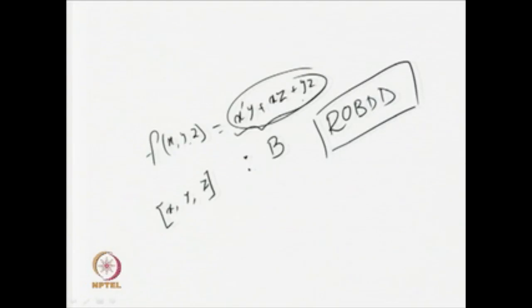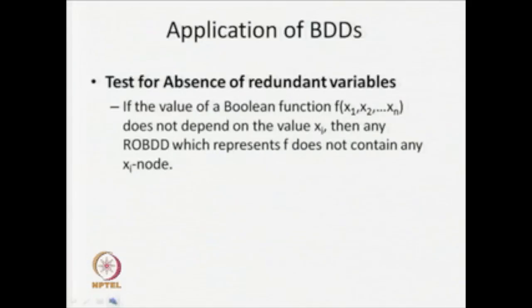But if we have a BDD representation, then by looking at the structure of the BDD, we can easily say whether it is independent of some variable or not. So, how can we say that? If the value of a Boolean function f of x1 to xn does not depend on a particular variable, say xi, then any ROBDD which represents f does not contain any xi node.